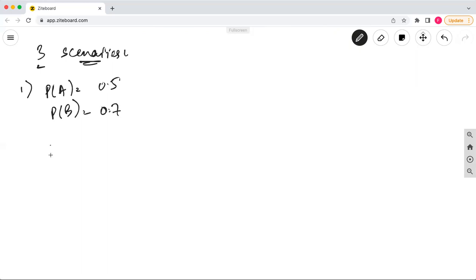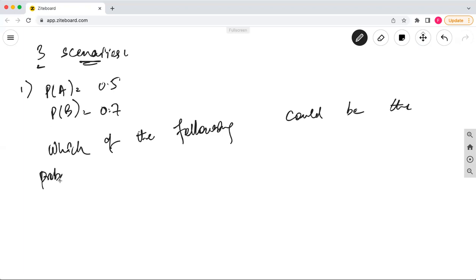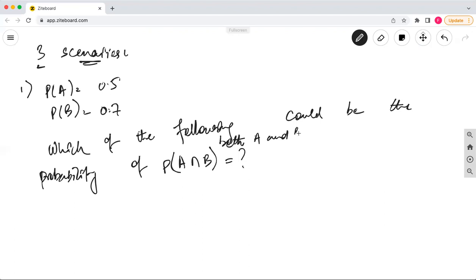And I ask which of the following could be the probability of A and B, that is, the probability of both A and B occurring at the same time. So we have options, for example, 0.2, 0.3, 0.4, 0.5, 0.6, and 0.7.